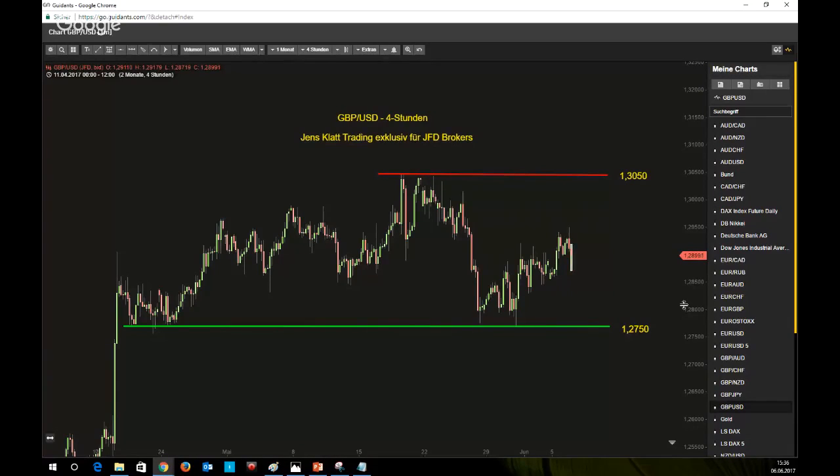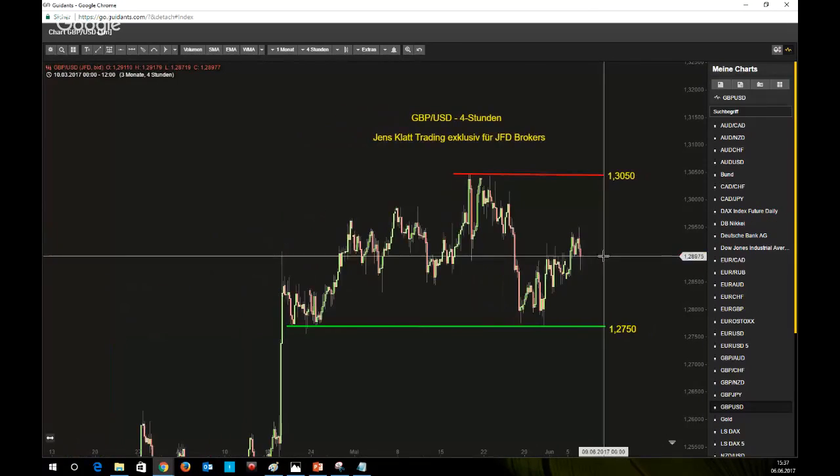Meaning that I personally say there's a good chance that if Labour and Conservatives are both doing fine in those elections, then there's no clear majority, probably Conservatives winning with some percentage points. But all in all, there's no clear majority that this could lead to a huge drop in GBP.